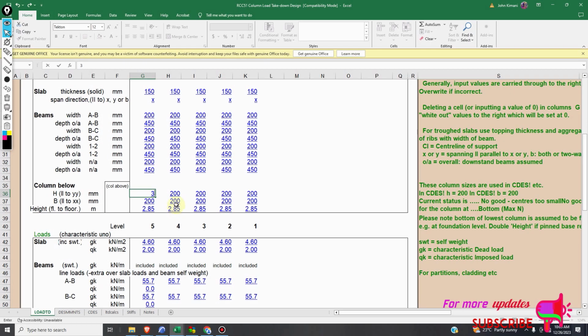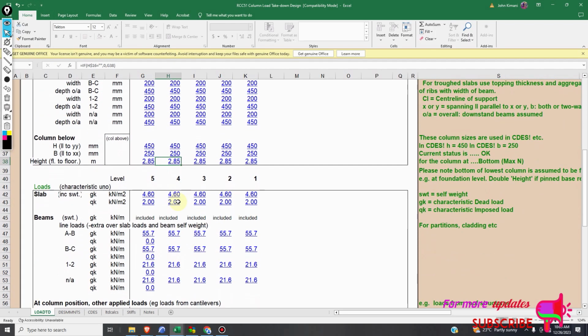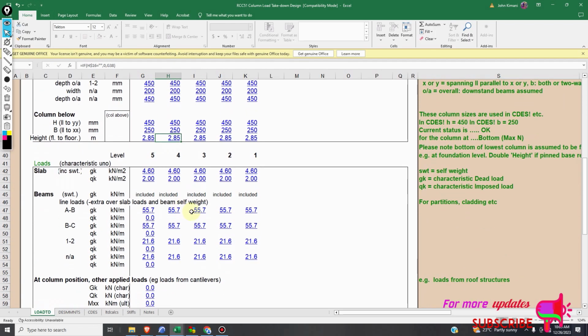You can increase this maybe to 300. Still not good. Increase it to 400. Still not good. So increase it to 450. Then we have 250. That one is okay. 450 by 250.